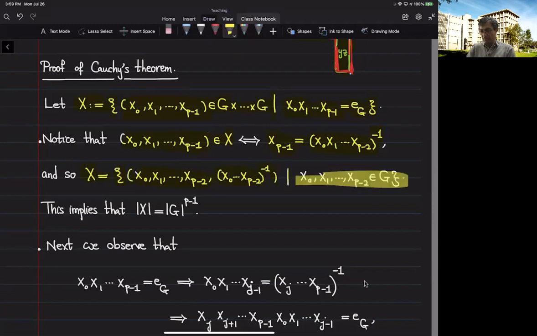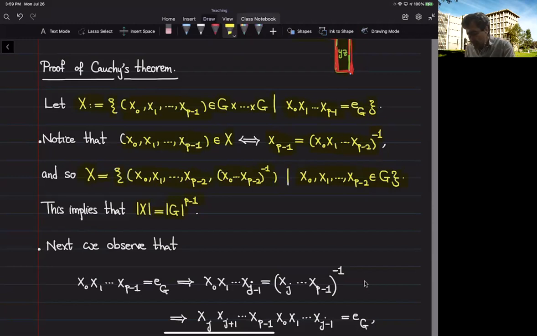So altogether, the cardinality of X is the cardinality of G raised to the power p minus 1, because for the first component I have cardinality of G options, for the second one I have cardinality of G options, and so on till the p minus 1 component. But the last one is forced.